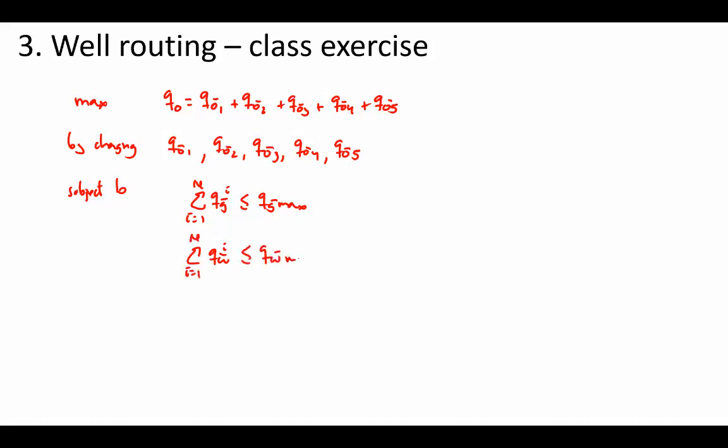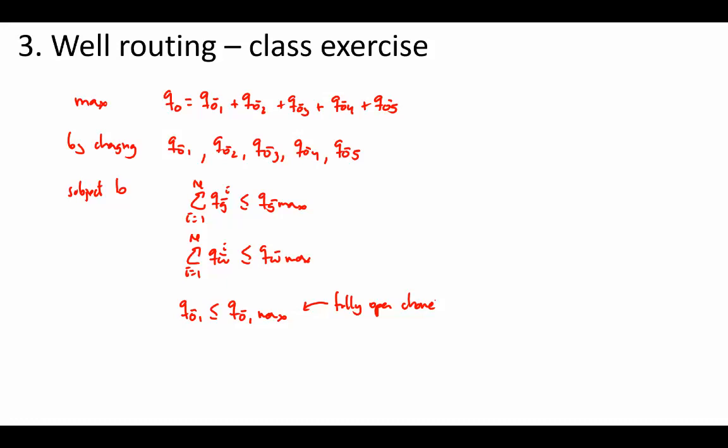below Q water max. But now, if I knew what the maximum is, I have a point where I have a fully open choke. Then I know that Q oil 1 has to be below the Q oil 1 max, and this is a measurement I made with fully open choke. I either ran my nonlinear model once with the choke fully open, or I did a measurement in the field.